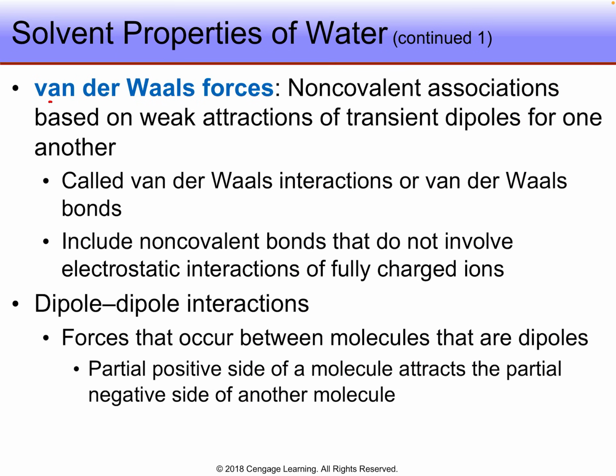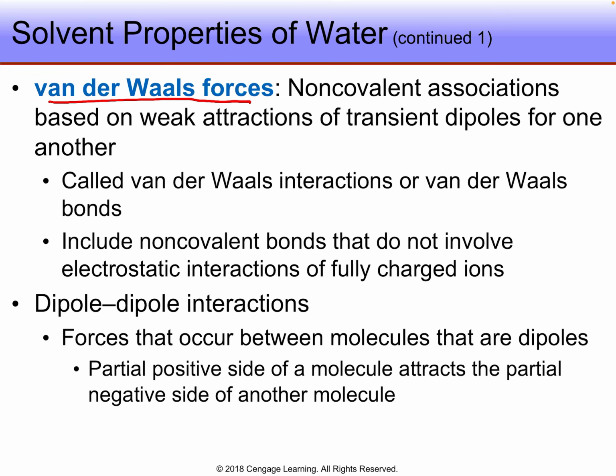There are also van der Waals forces. These are non-covalent associations based on weak interactions of transient dipoles for one another. They're called van der Waals interactions. Think about London dispersion forces as an example of van der Waals interactions.